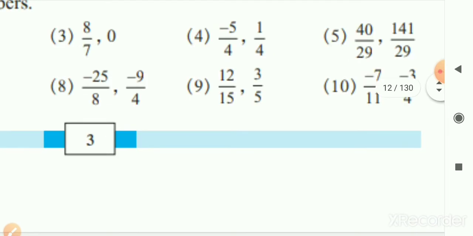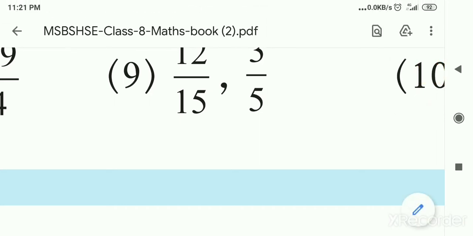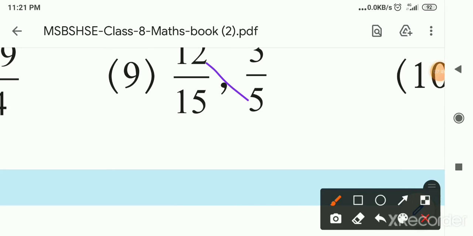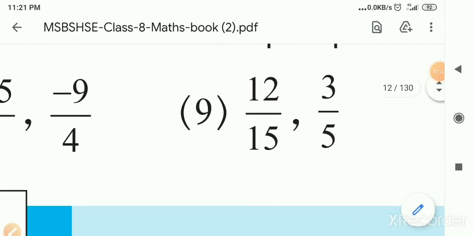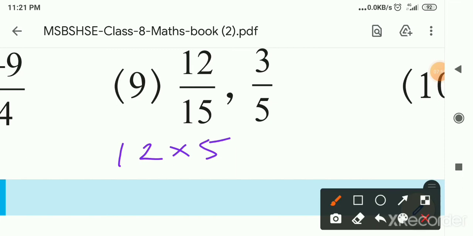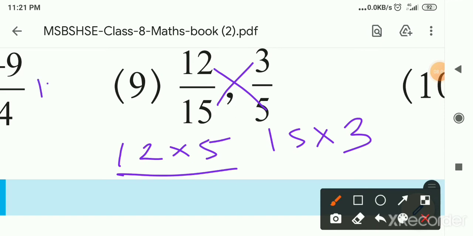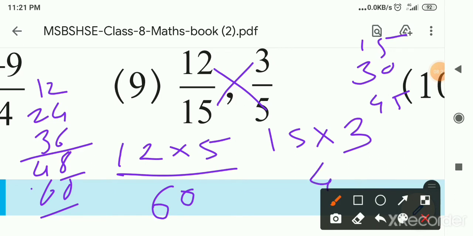Here, if we have to compare this 9th example, suppose, I will do the multiplication of 12 into 5, which means the multiplication of these both, and then 15 into 3. 12 1s are 12, 12 2s are 24, 12 3s are 36, 12 4s are 48, 12 5s are 60. 15 1s are 15, 15 2s are 30, 15 3s are 45.